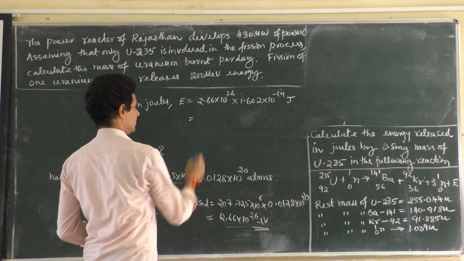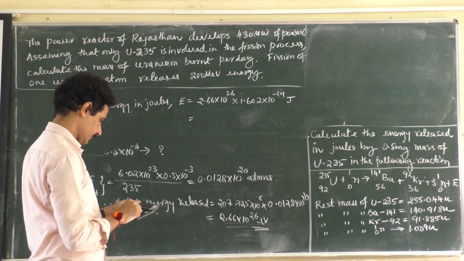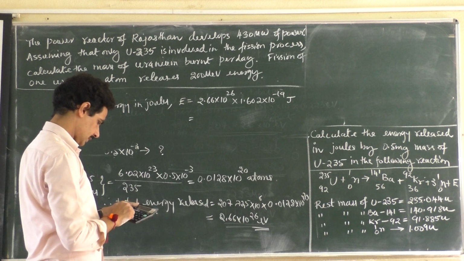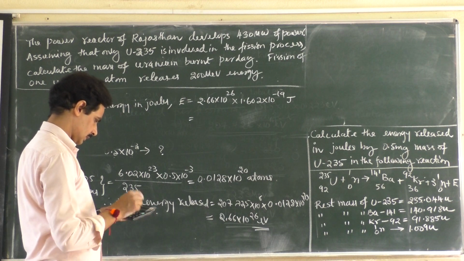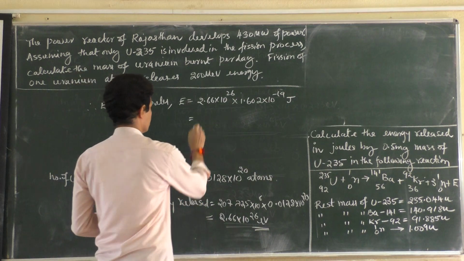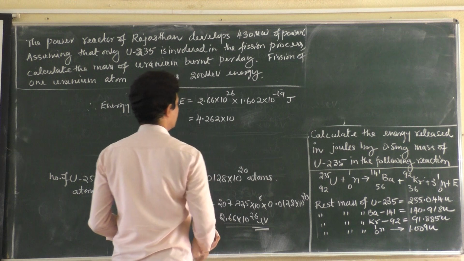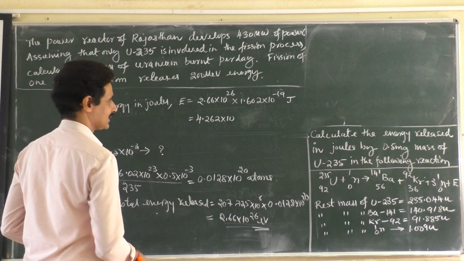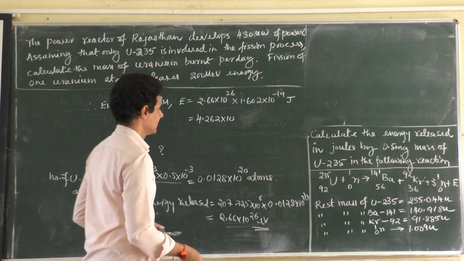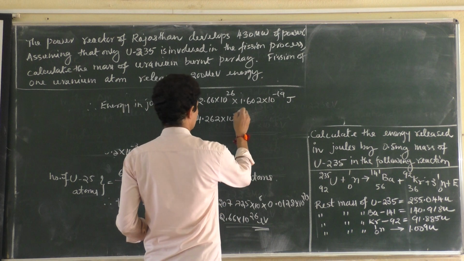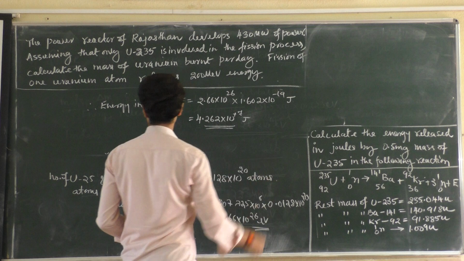That is equal to 4.262 into 10 to the power 26 minus 19, sorry, plus 7 joules. Let me check the answer once.